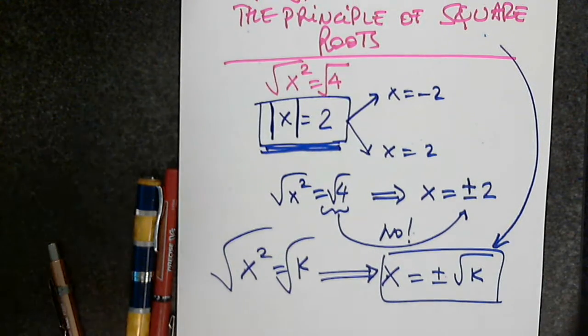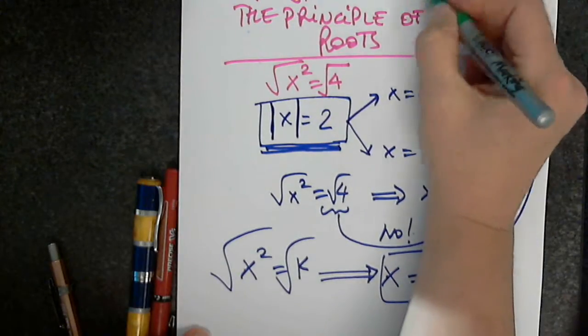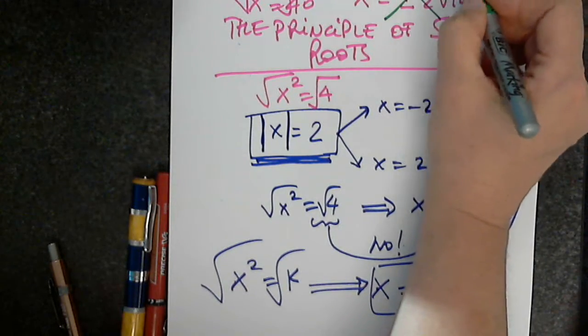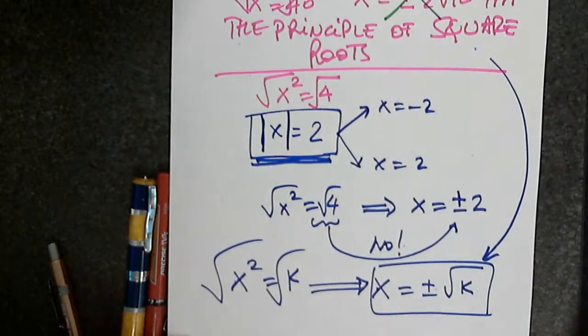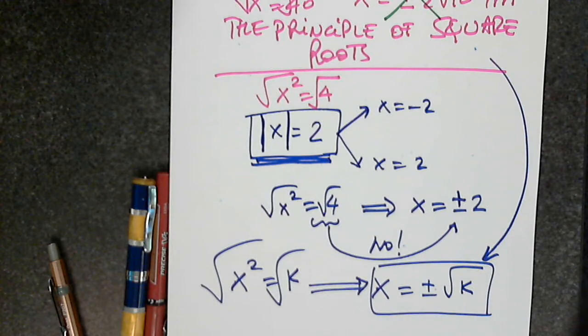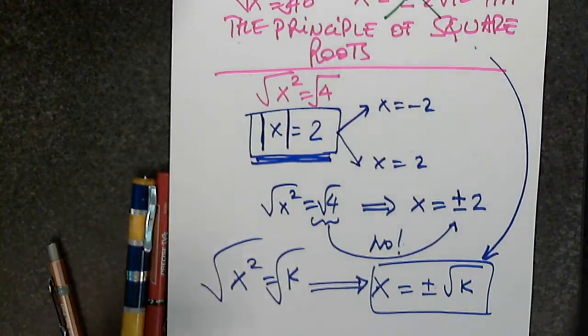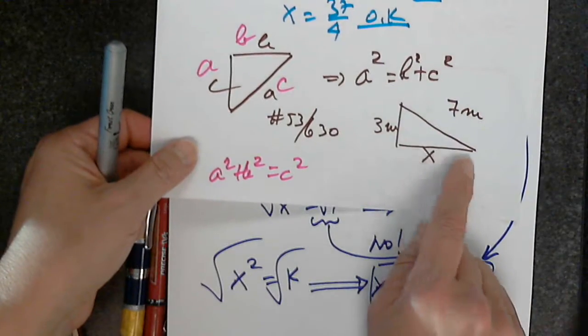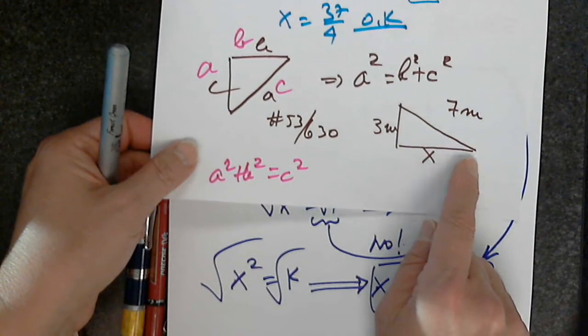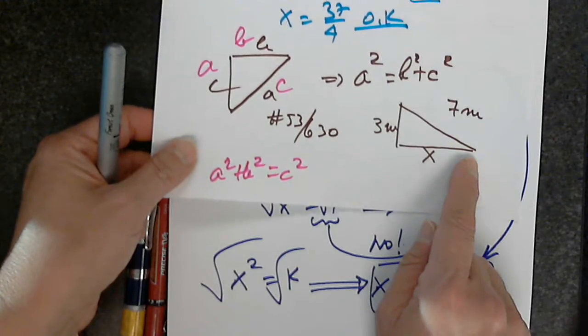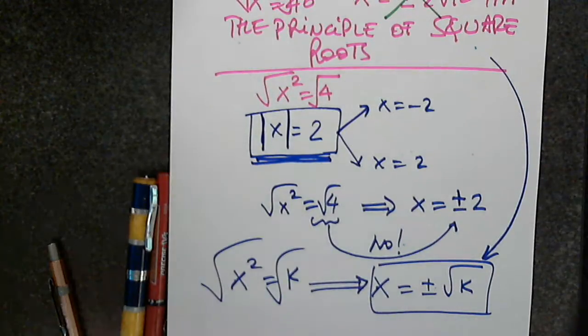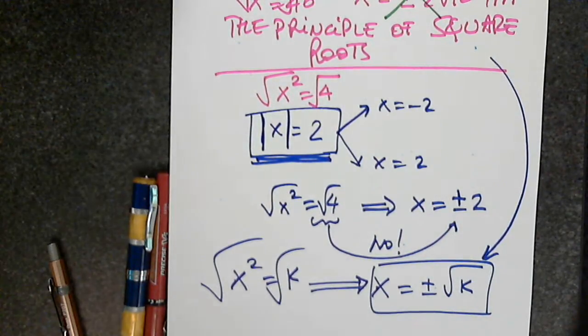Of course, it's a distance, right? So I will say x equals the square root of 10 meters. That's because it's a distance. It cannot be negative. I cannot say to you that the distance between me and you is negative 10 feet. I have to say it's 10 feet.